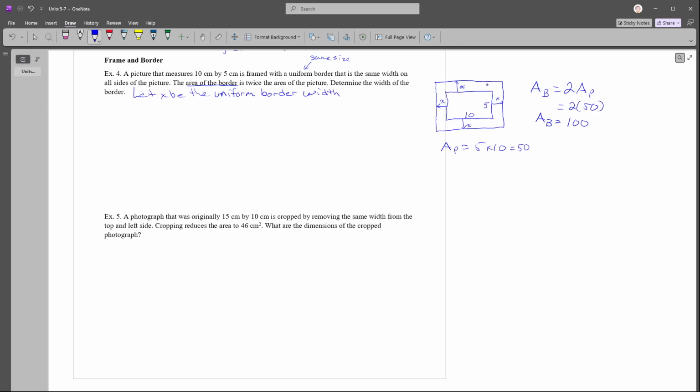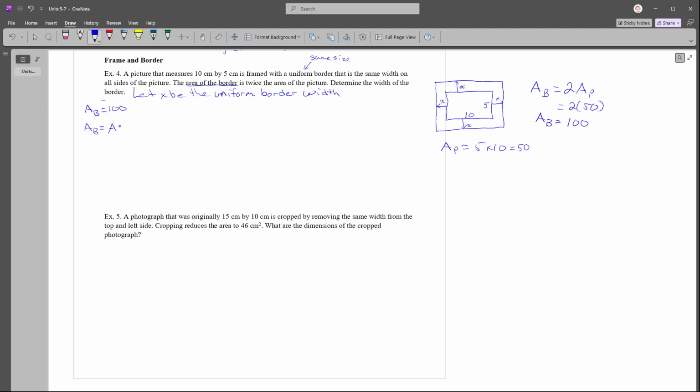So we know that the area of the border is 100. We also know that the area of the border can be calculated by taking the area of the whole picture. So let's give that another name. Let's just call that one area, the area of the whole thing.